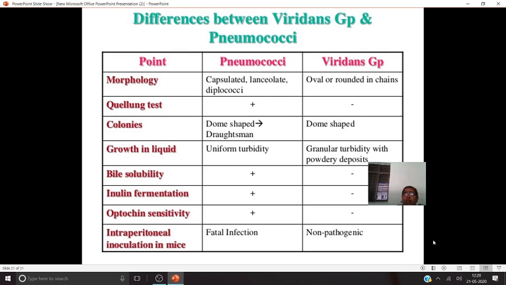Then I am going to briefly summarize. Today I discussed the pneumococcus bacteria. Pneumococci is a very important bacteria having the diplococci, lanceolate appearance, one end broad and one end pointed. Mainly it causes pneumonia and meningitis.